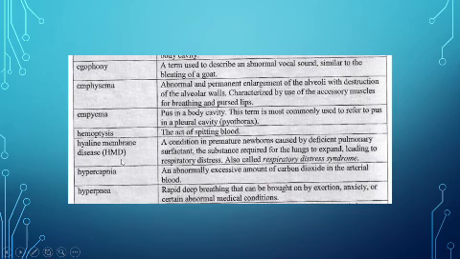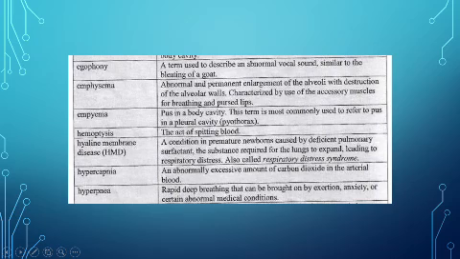Hyaline membrane disease, a condition in premature newborns caused by deficient pulmonary surfactant, the substance required for the lungs to expand, leading to respiratory distress, also called respiratory distress syndrome. Okay, hypercapnia, an abnormally excessive amount of carbon dioxide in the arterial blood.